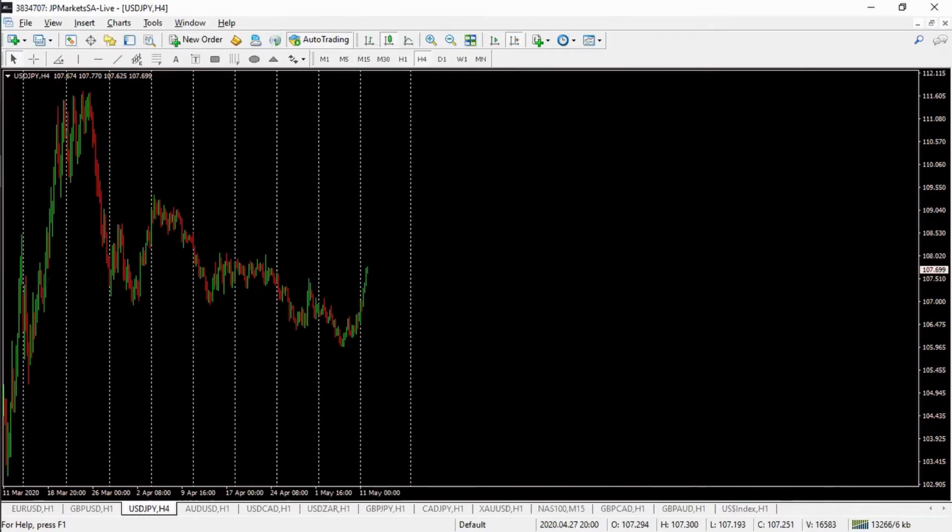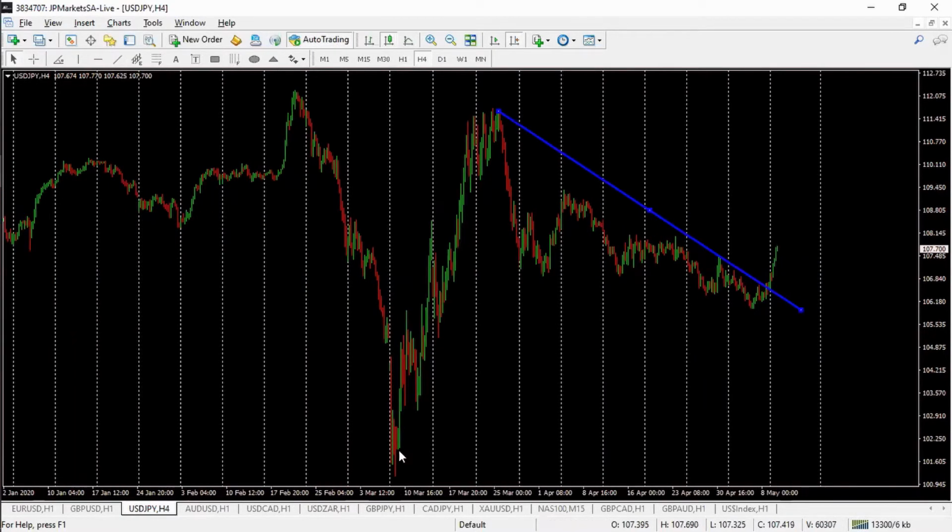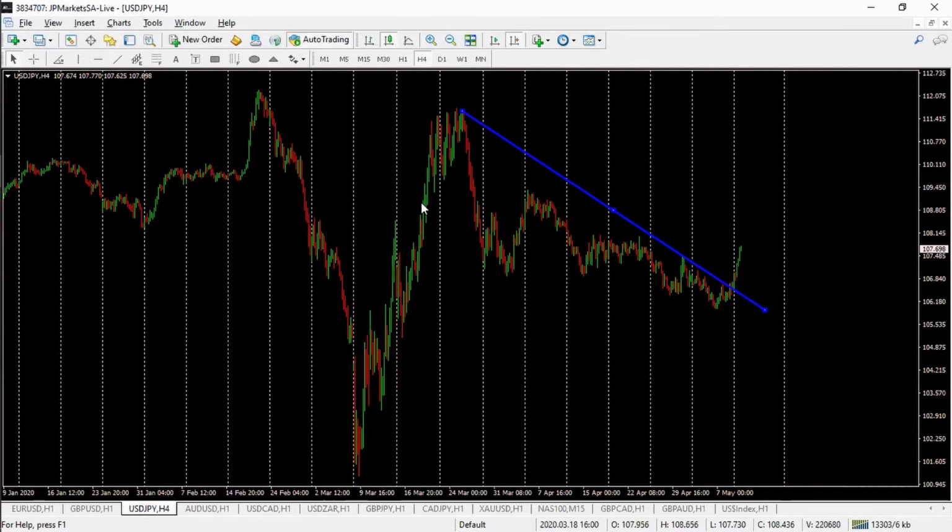On the 4-hour time frame, as you can see, it's already indicating this downtrend since the middle of March, as it started March with a very aggressive move to the upside.